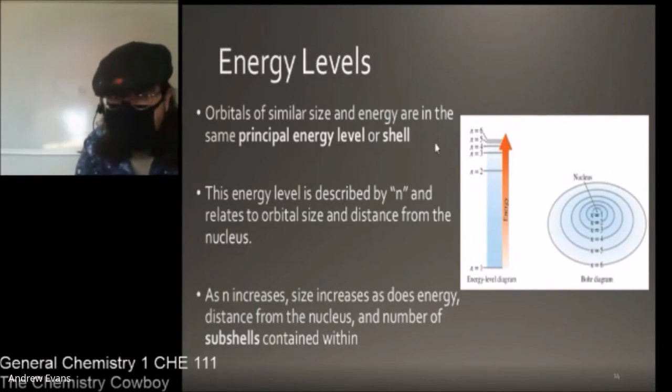So these energy levels are going to be related to the row. Hydrogen in row 1, the ground state will be in energy level 1. In row 2, lithium, beryllium, boron, carbon, nitrogen, the principal energy level of the ground state will be n equals 2.